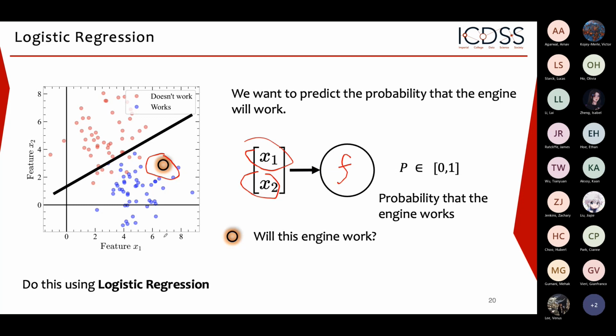But the true issue with logistic regression is that our value is a line. Okay, so I can take values that are from minus infinity to plus infinity. Whereas what we want here is a probability that is constrained between 0 and 1. So that's why linear regression is not good, because the output is not what we want.